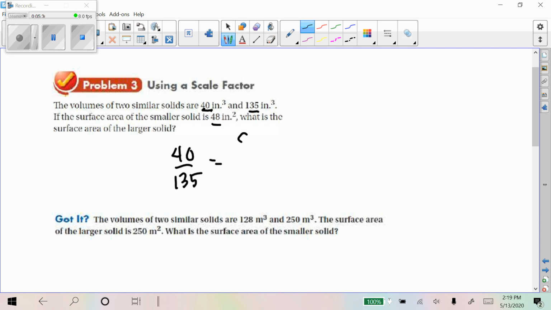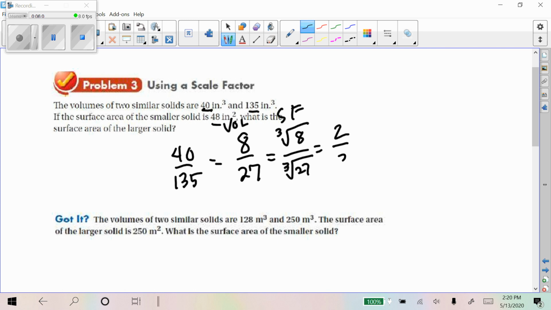I know that 5 will go into 40 8 times and 5 will go into 135 27 times. Now if we do the cube root, so this is the volume factor, to get the scale factor, we're going to do the cube root of those. And those are both perfect cubes, which works out nice, 2 over 3.